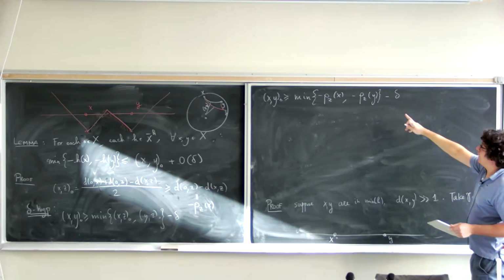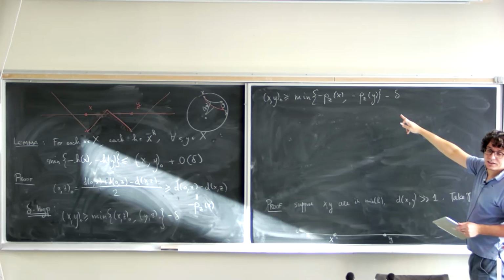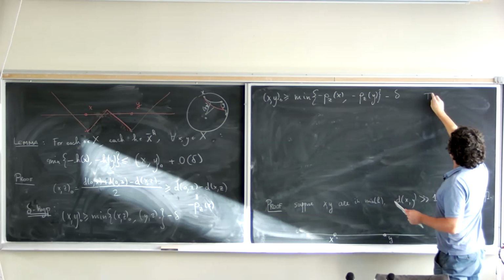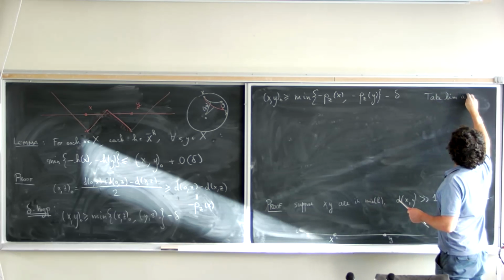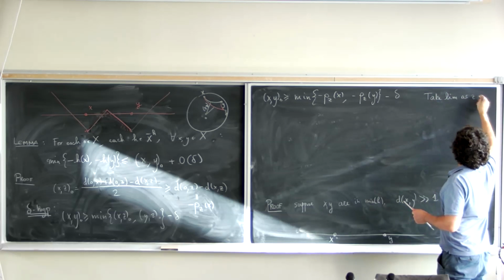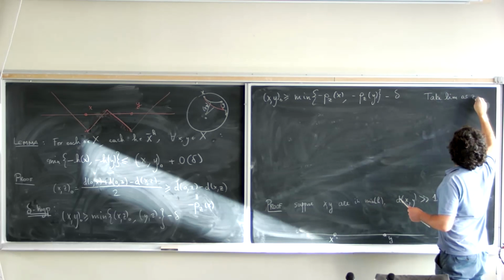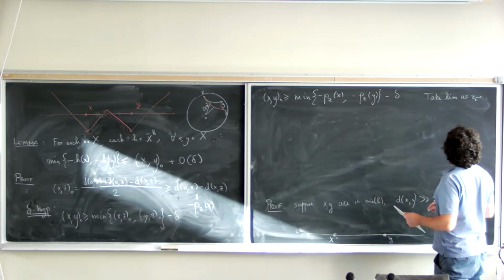So that's it, because now you take the limit. Now take the limit as Z_n goes to something.